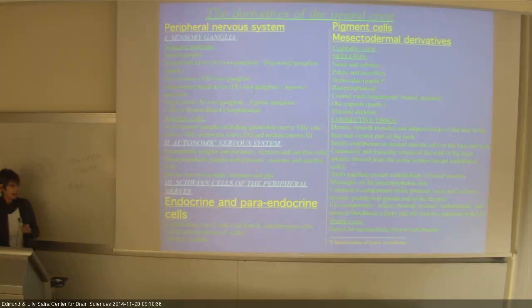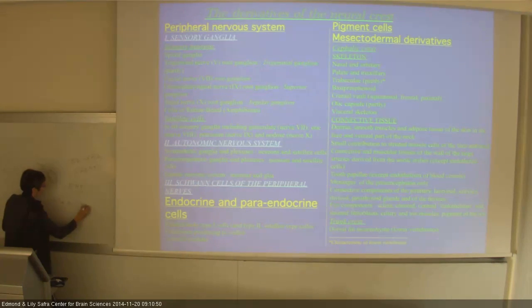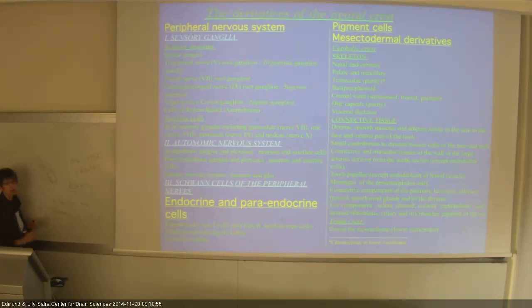So the ganglion sends fibers both to the eye as well as to the upper jaw. And this is the ganglion. We know that all the glia come from the crest. This is known, glia from crest. But the neurons, there are several types of neurons.